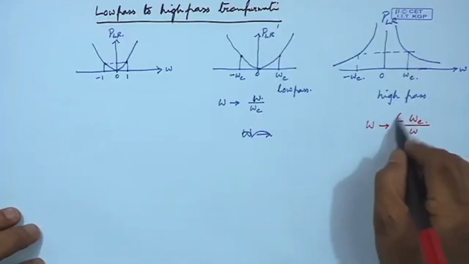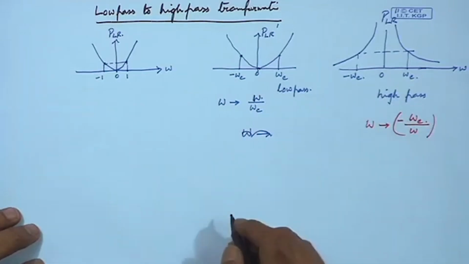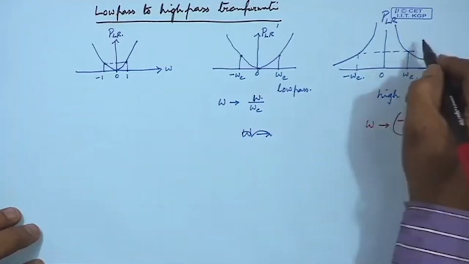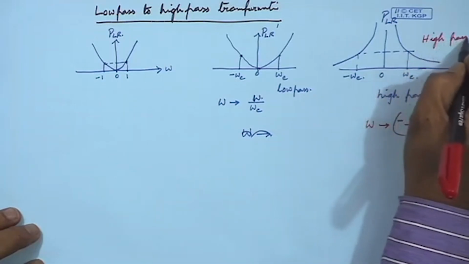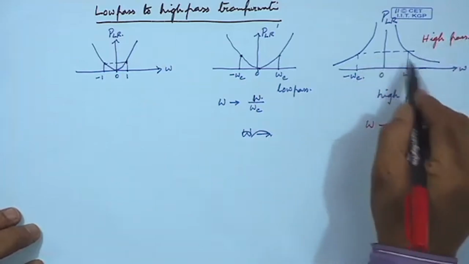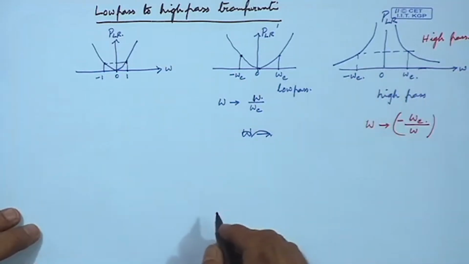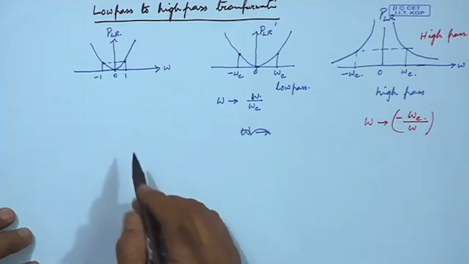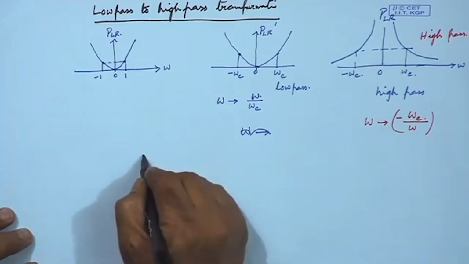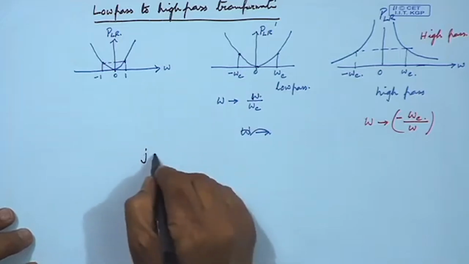So minus omega is changed to minus omega c by omega, and this becomes a high pass filter. You see, this is high pass, at lower values it is cutting. Now we can find out the change in reactance values, the inductor and capacitor component values.